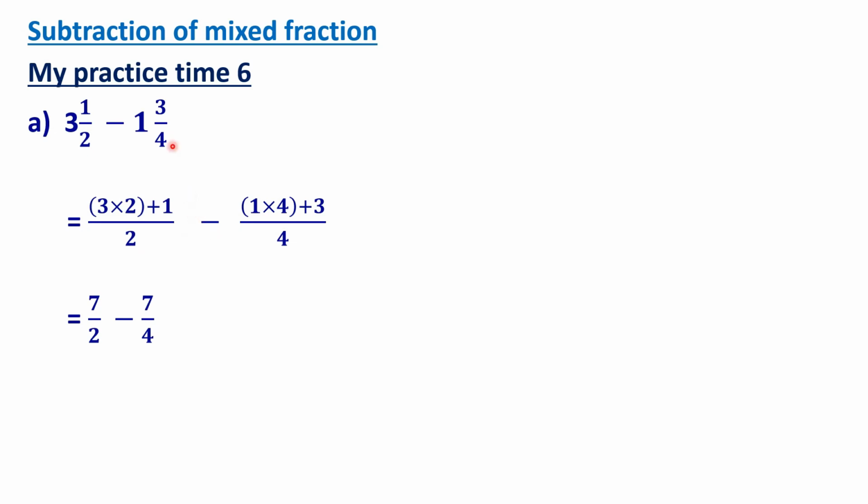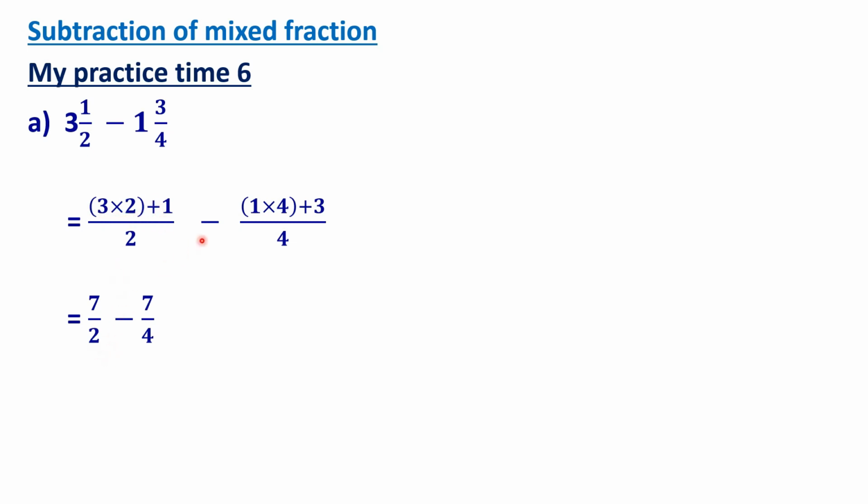Then minus sign, and again we will convert this one also to an improper fraction. So we will multiply whole number 1 into denominator 4 plus numerator 3. So 1 into 4 plus 3, and the whole thing is divided by the denominator, that is 4. When we solve this, we get 3 into 2 is 6, 6 plus 1 is 7, so 7 by 2.